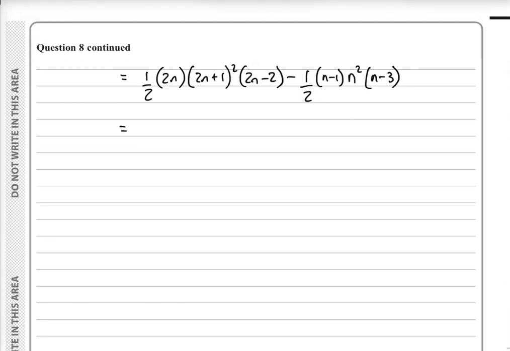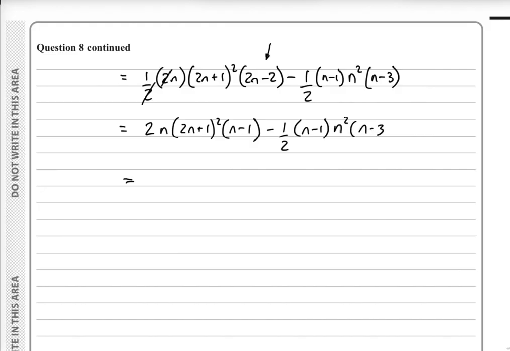So let's get rid of that 2 there, and at the same time I'm going to factorize a 2 out of this bracket here. So there will be a 2 there, then an n, 2n plus 1 squared, and then here this will be n minus 1. This is still half, but there is an n minus 1 in both terms now, and there's an n in both terms, that's good.